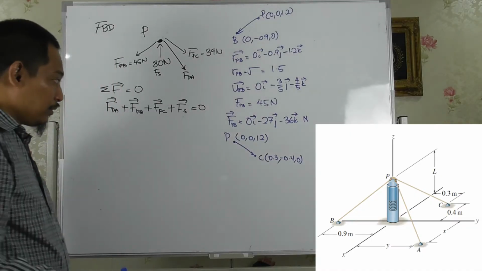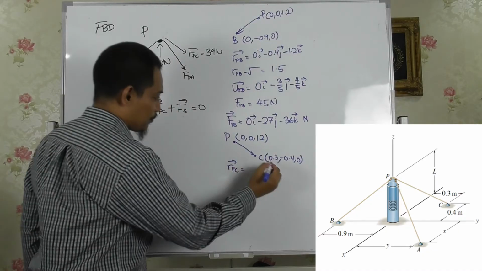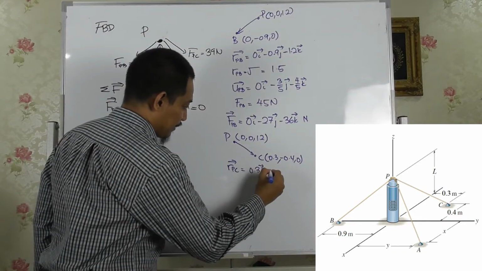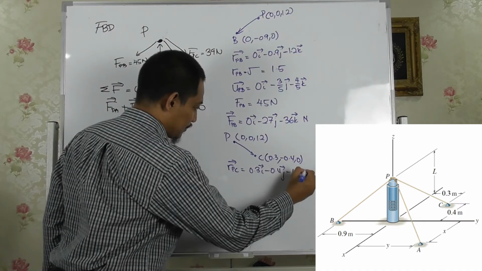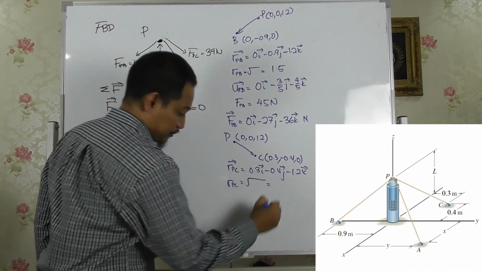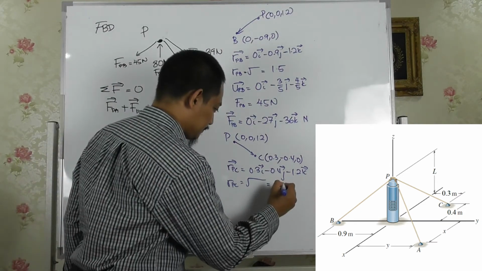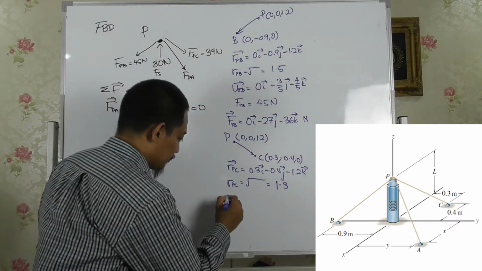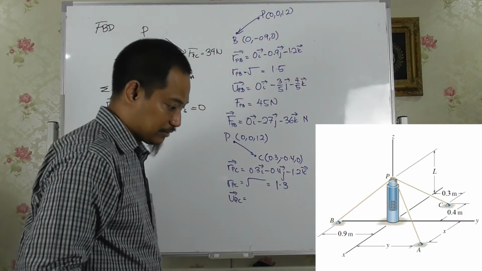So RPC, with this minus, is 0.3i minus 0.4j minus 1.2k. So for RPC, if you do the square root, what do you get? 1.3. So you do UPC, we get 3 over 13, right?